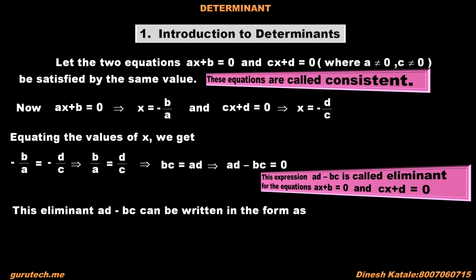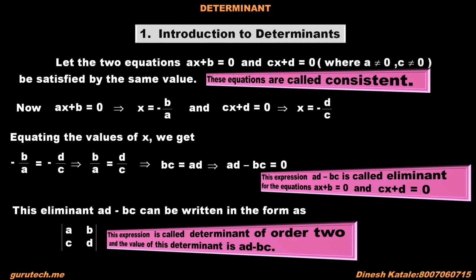This eliminant ad minus bc can be written in the form between two vertical lines a, b, c, d, where first column contains coefficient of x and second column contains constant terms of the given two equations. This expression is called determinant of order 2, and the value of this determinant is ad minus bc.